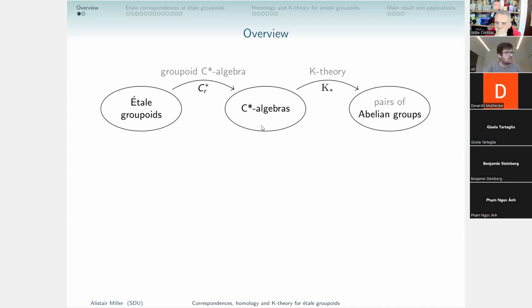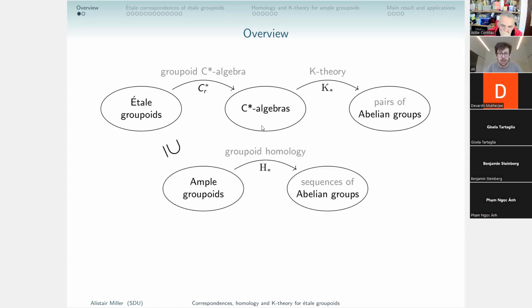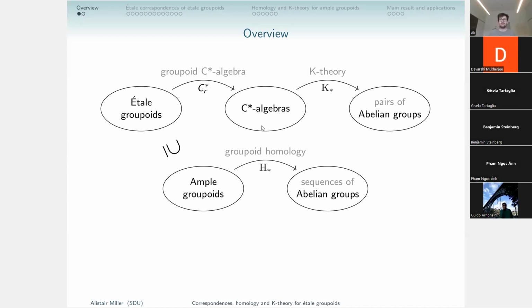And the problem is that because these things are so versatile and so useful, it's going to be basically impossible to make very general statements about this. We're not going to be able to compute the K-theory of étale groupoid C-star algebras in general. Even for group C-star algebras, this is very, very difficult. So one of the things people have done to get a bit more of a handle on the K-theory of certain groupoid C-star algebras is to compare it to something called groupoid homology.